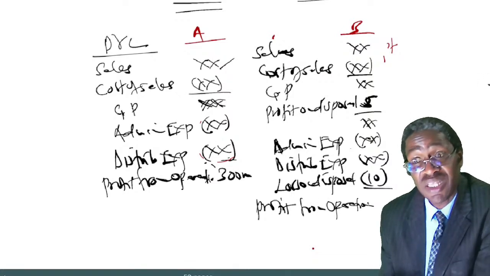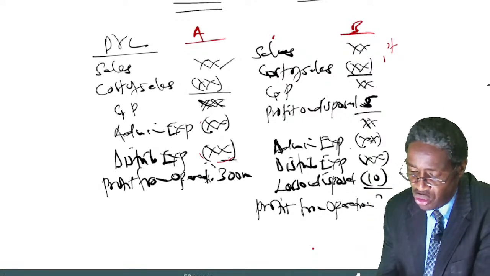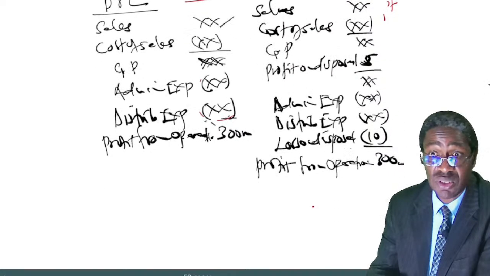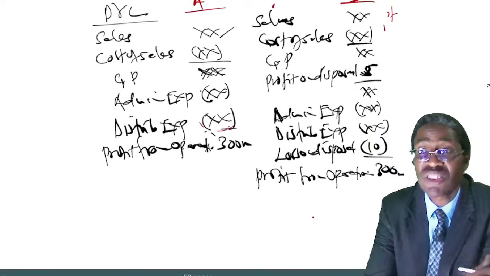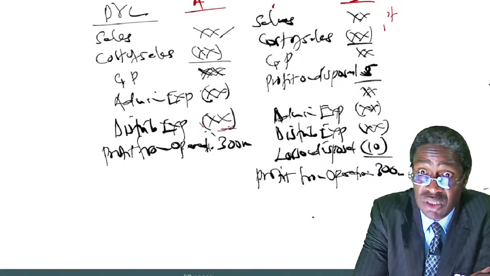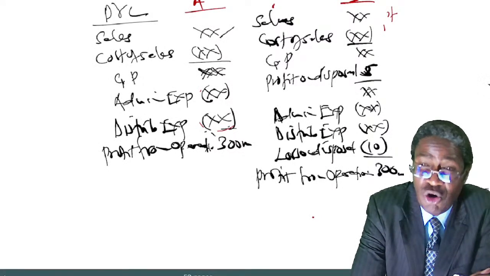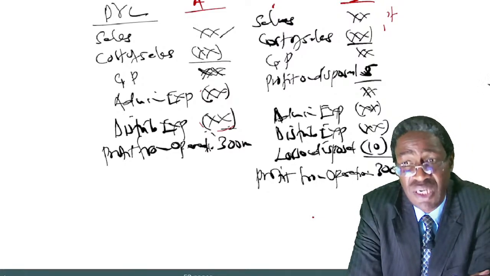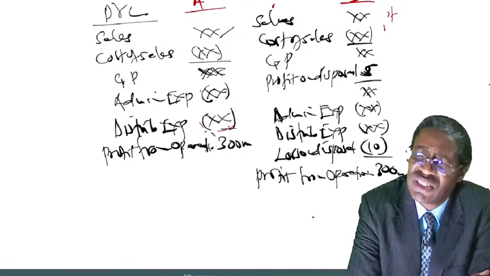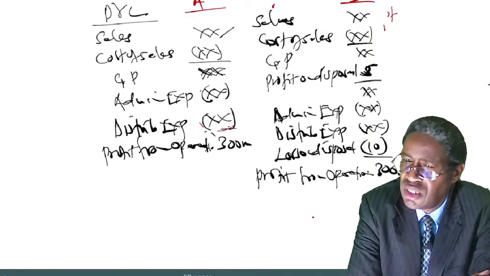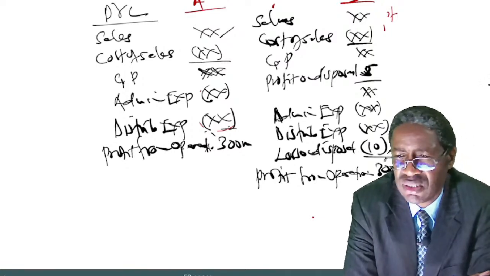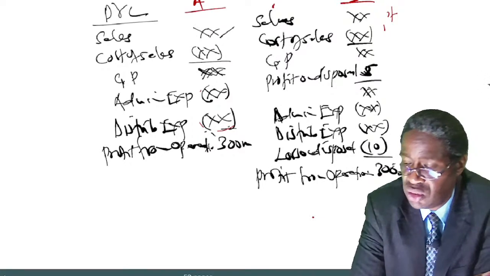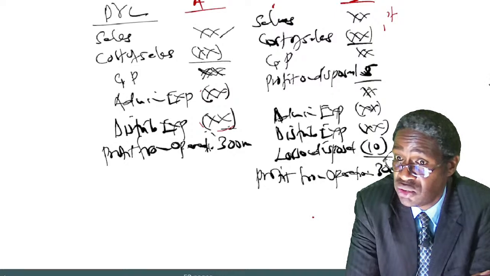Listen carefully. This second accountant also got the same 300 million as the profit from operations. So both of them got the same profit from operations. But their presentation of the income statement is different. Listen. Accountant A has not told us where he used the loss on disposal and the gain on disposal.